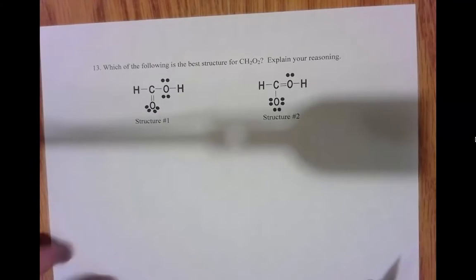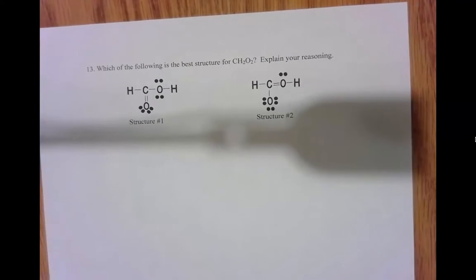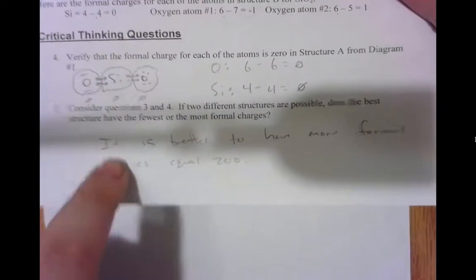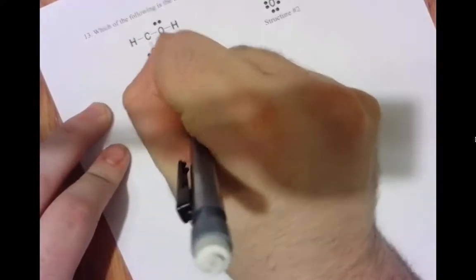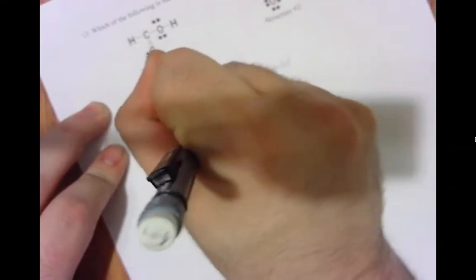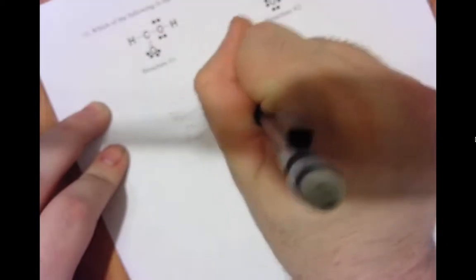Try your best to determine which is the best structure. Remember what we learned over here in question 5. Remember, the best structure will have more formal charges that equal 0. So we know the best structure has the most formal charges that equal 0.